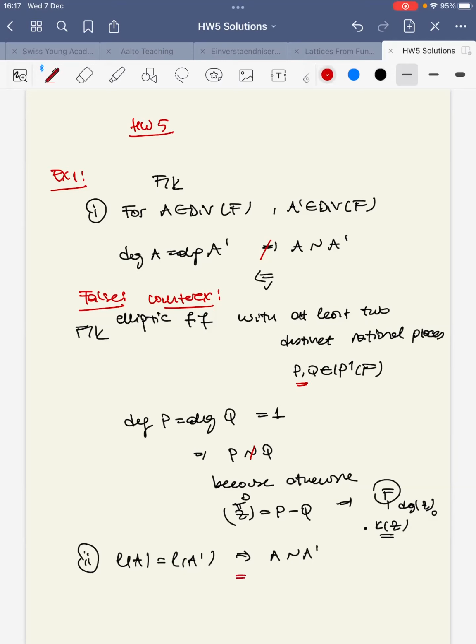Please note that if we have two equivalent divisors, their dimensions should be the same, but we don't have it the other way around. Again, the counterexample can be given by this.